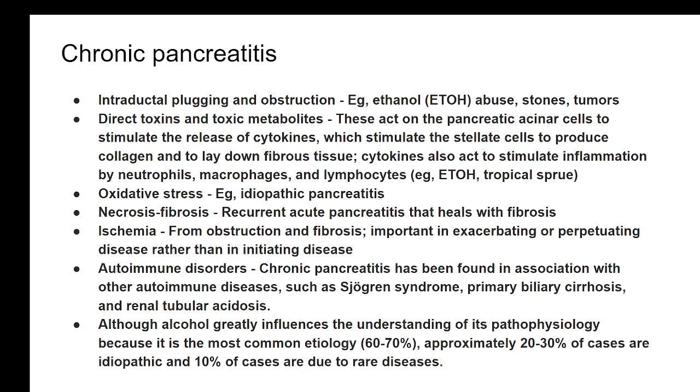The majority of patients of acute pancreatitis end up in chronic pancreatitis, where either there is damage to the tissue or there could be precipitation and stone formation. So calcifications may occur, and hence the pancreatic duct becomes blocked or narrowed, and that results in recurrent episodes of chronic pancreatitis. Then there is idiopathic pancreatitis, where the exact causes are not known.